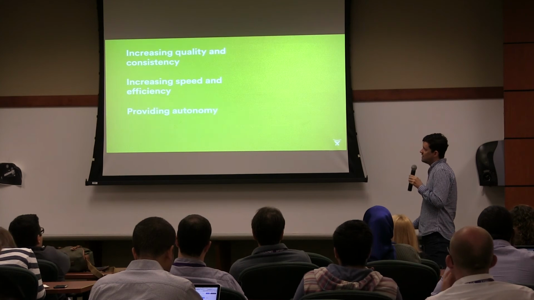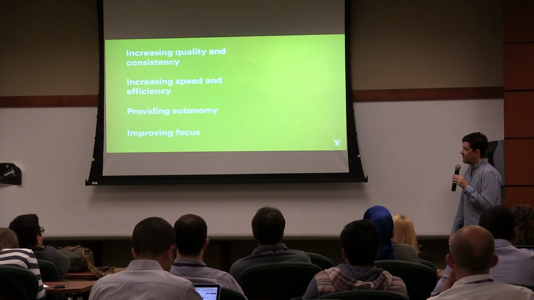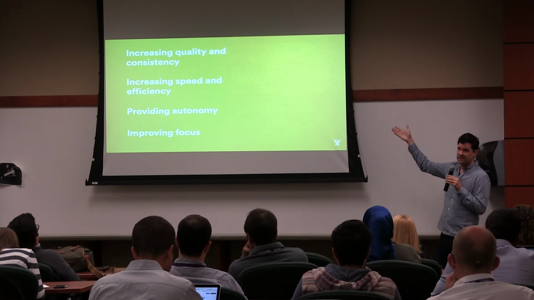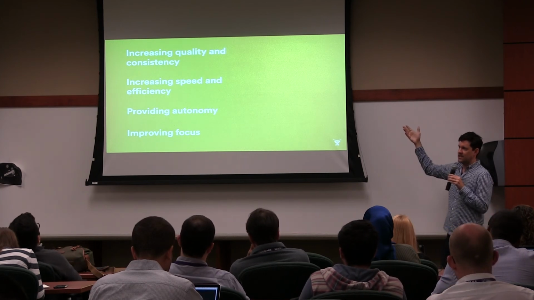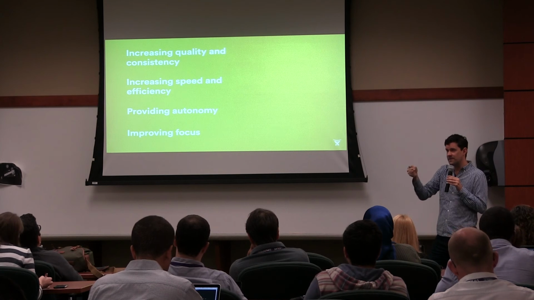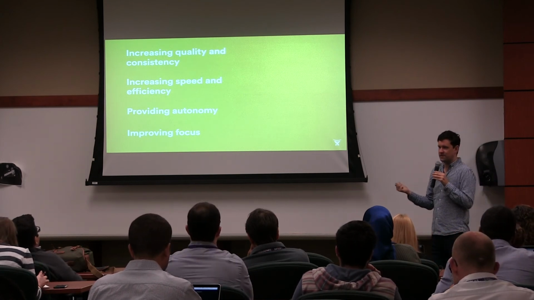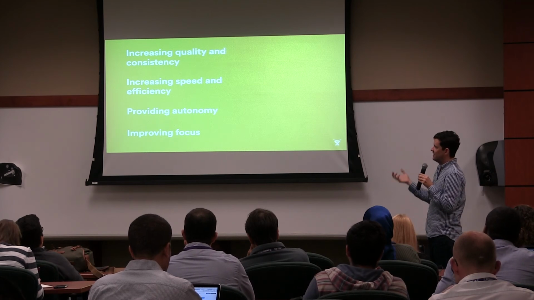So, a few things that they're good for. I've already mentioned quality, consistency. They can make you faster. You spend time solving real problems, and not so much what color does this button need to be, or what's the border radius on that thing.